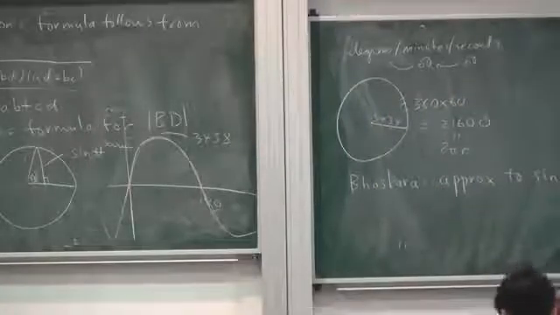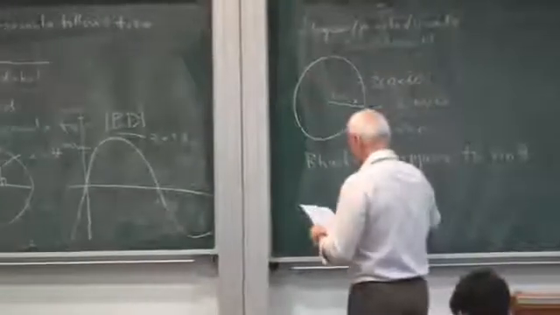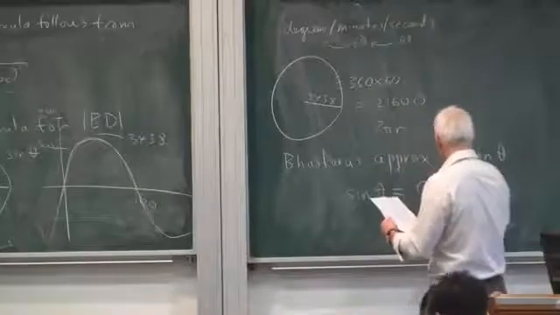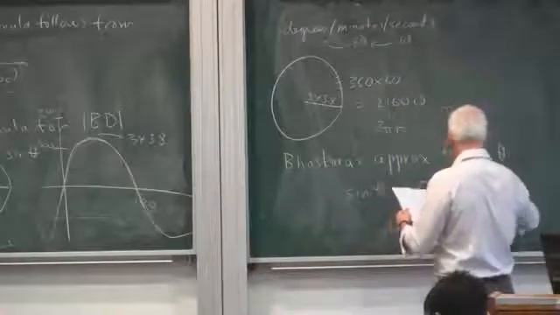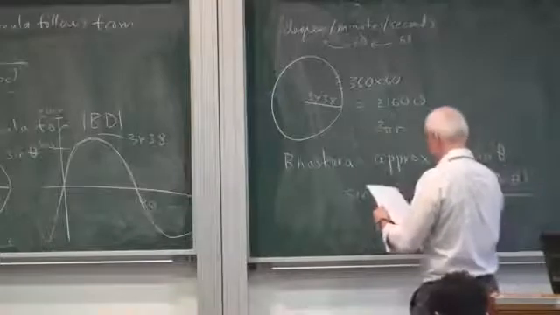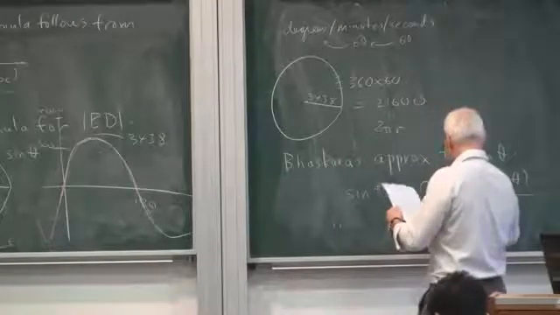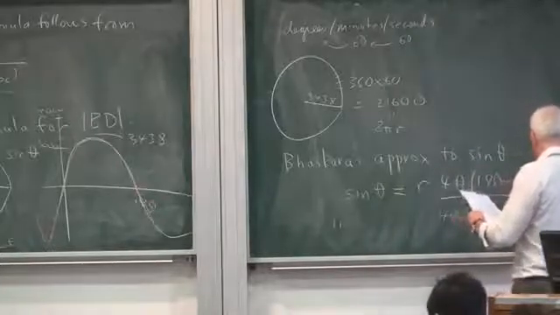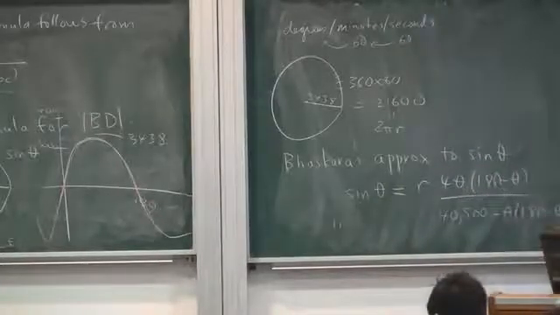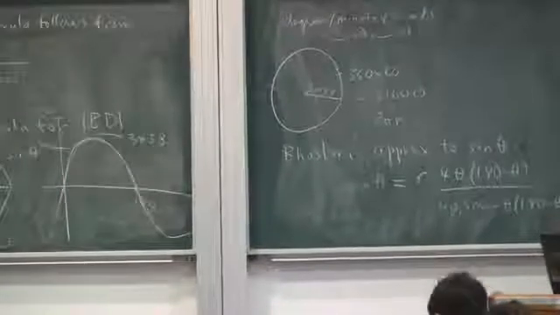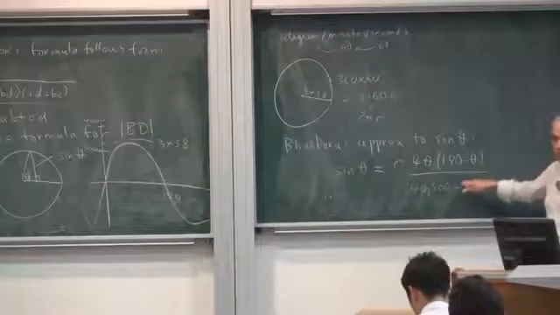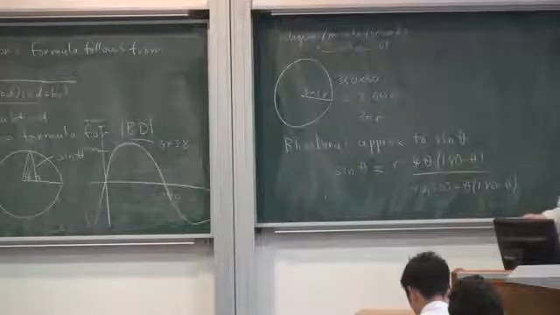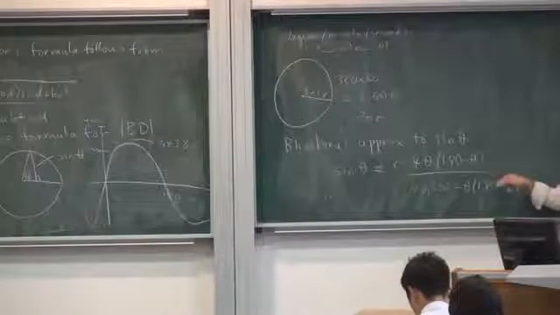His approximation was that sine theta is this radius r, whatever that is, times 4 theta (180 minus theta), divided by 40,500 minus theta times (180 minus theta). As a function of theta, it's what we call a rational function. It's a polynomial divided by another polynomial, which means it's relatively easy to calculate.